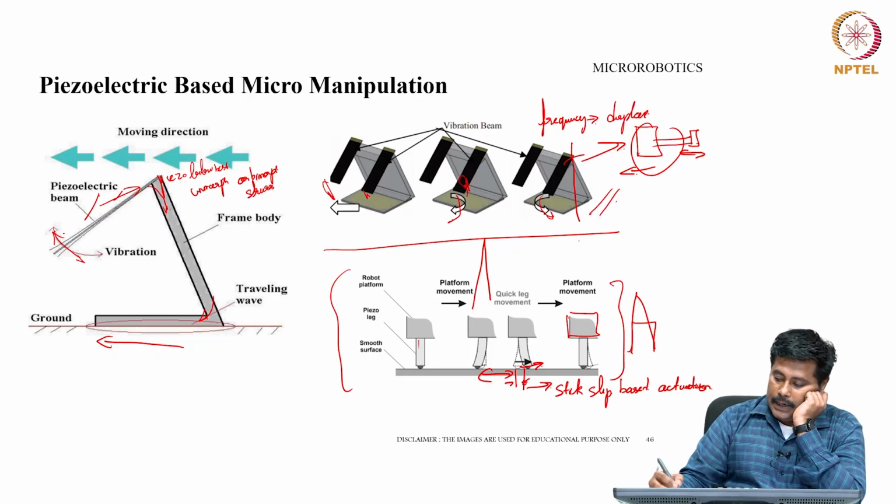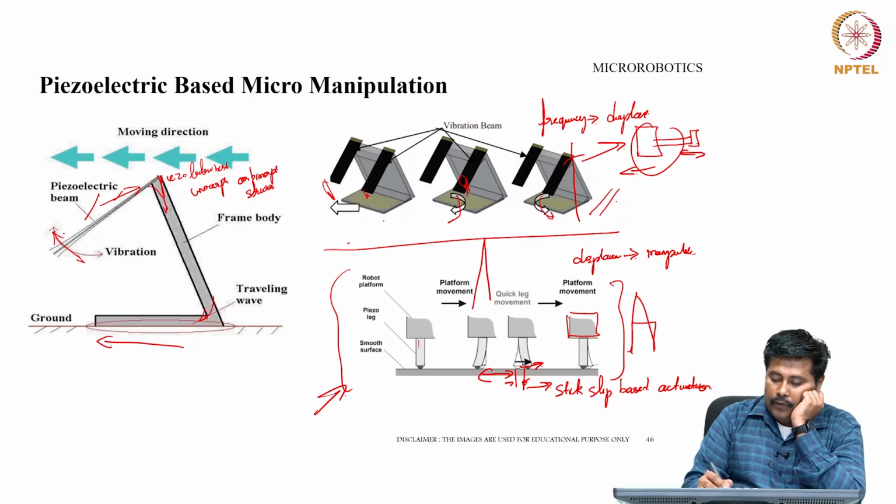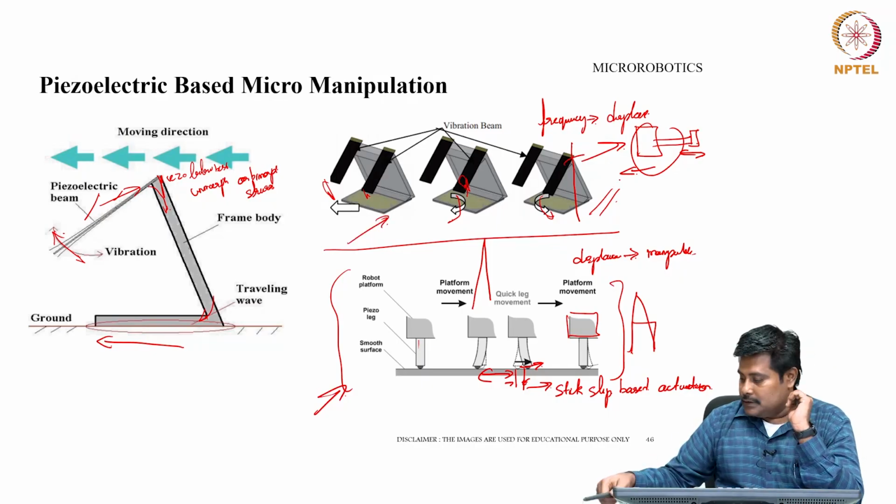Here in this particular case, we are encashing the displacement to get an appropriate manipulation. So for fine and precise manipulation, this is used. For large area propulsion, for longer propulsion, such a configuration is used.